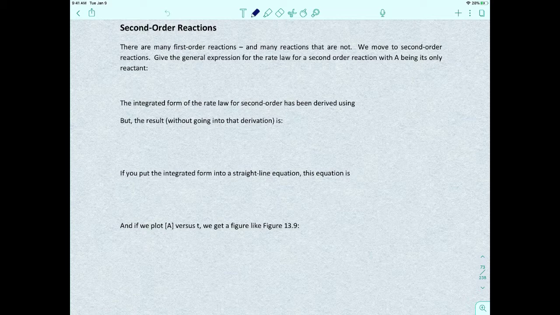What we need to do is give the general expression for the rate law for a second order reaction with A being its only reactant. The rate would be equal to the negative change in the concentration of component A divided by the change in time.